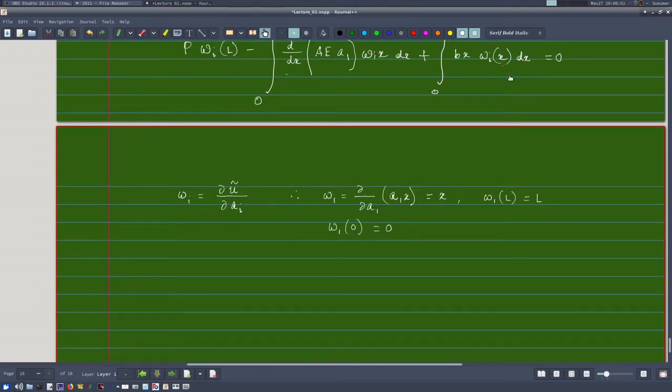Now if I substitute these values in the weak form here, what will I get? Substituting the above in equation 1c, let me call this equation 1.